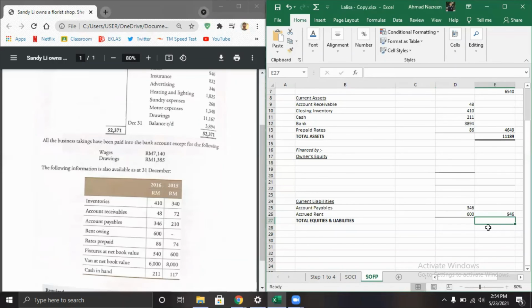So next is the owner's equity: beginning capital, profit, then since there's a drawing, the drawing. Capital 9,641.